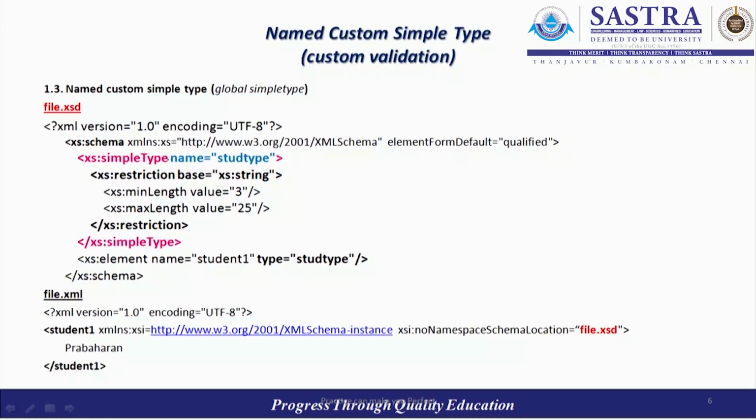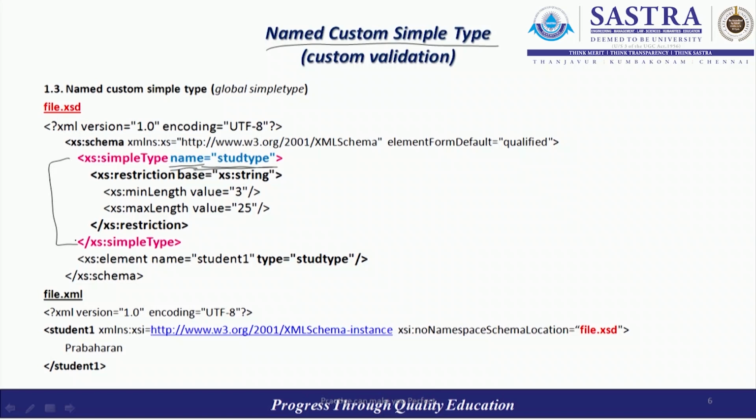Then this is an example for a named custom simple type. What we have additionally, in the sense the name attribute has been added, and its name, what I have given is stud type. Now we have a named custom simple type.